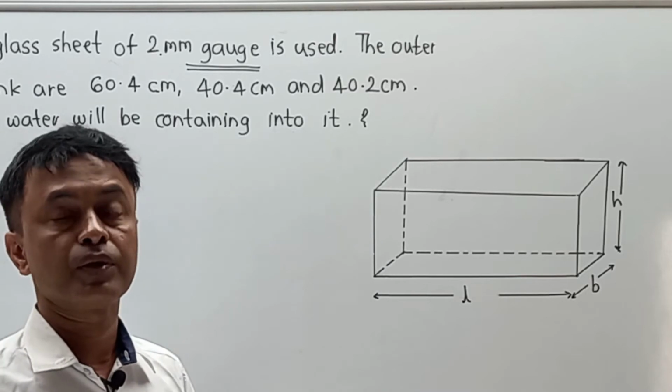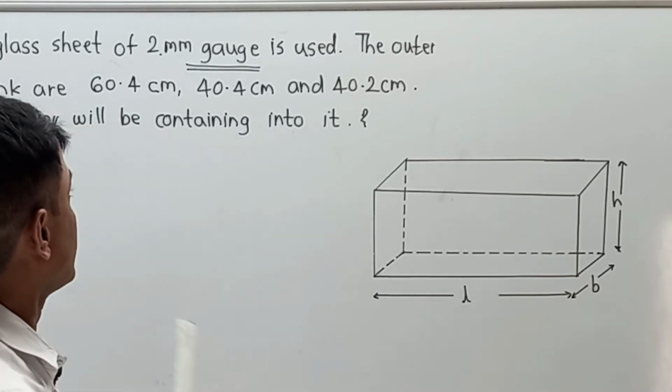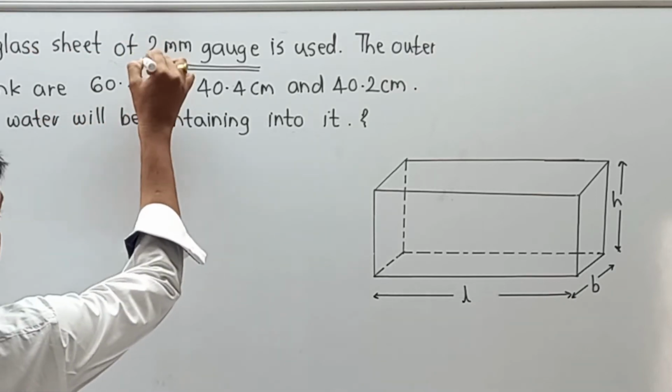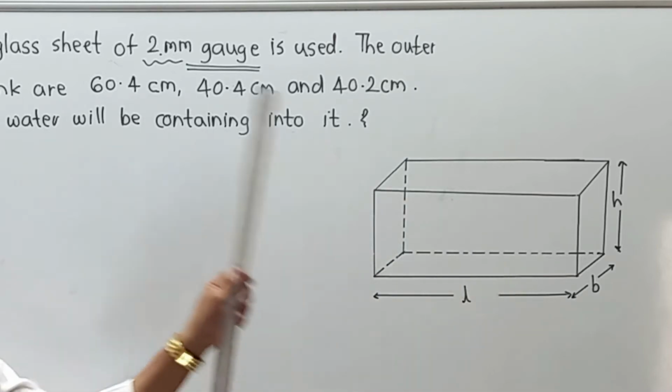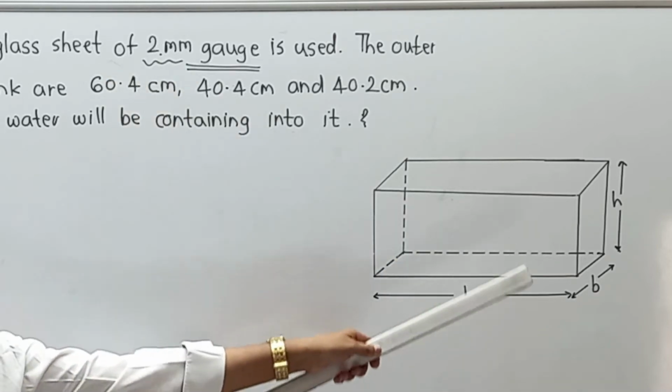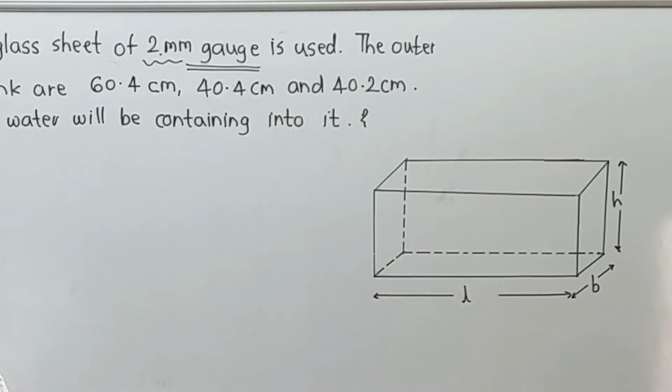They have given a glass sheet of 2 mm thickness, so from both length and width we subtract 2 times the thickness, and only 1 time from height.